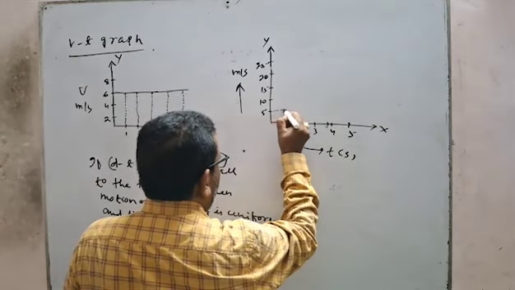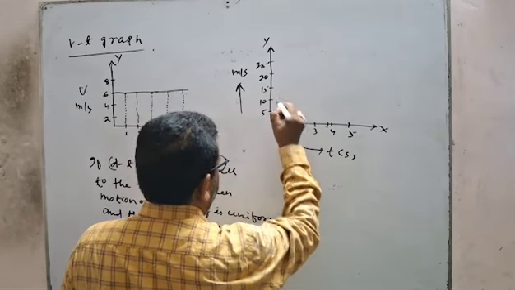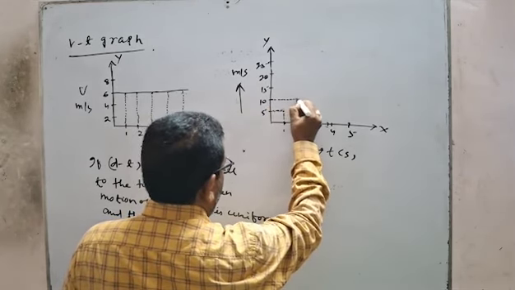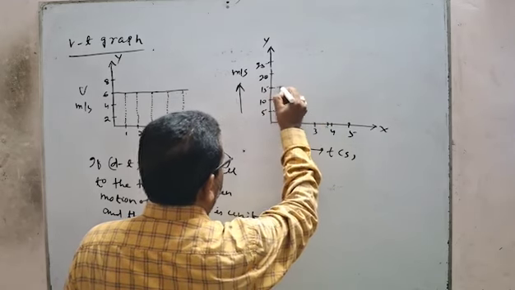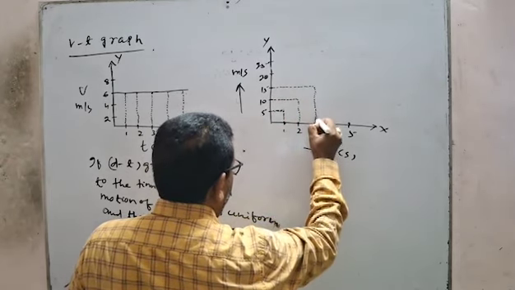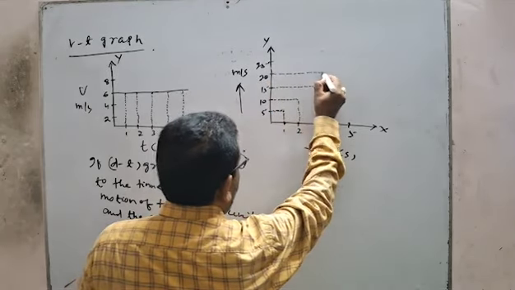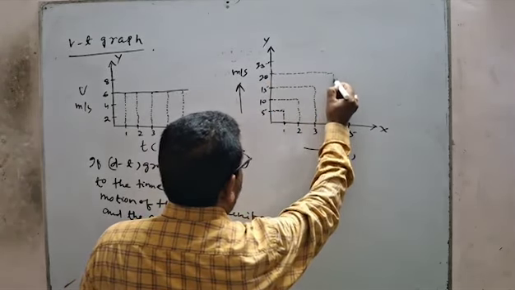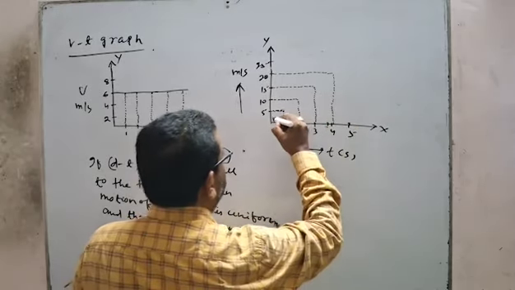Let at 1 second the velocity of the body be 5 meters per second. At 2 seconds, its velocity changes to 10. At 3 seconds, velocity changes to 15 meters per second. At 4 seconds, velocity changes to 20 meters per second.